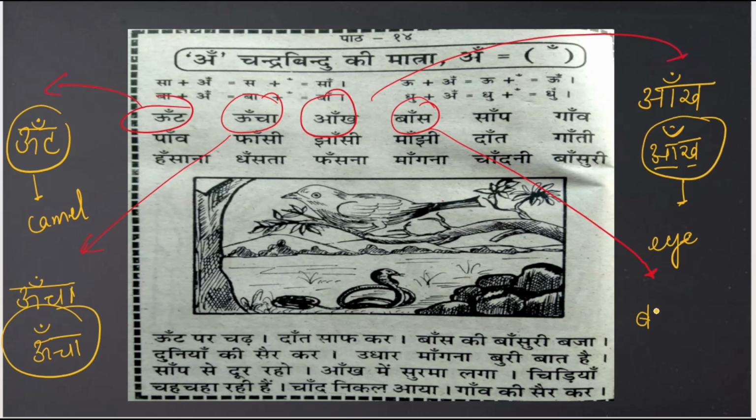This is again ba. This is the matra of a. Just add this matra of Chandrabindu over this letter. And just add this letter sa to this one. It became baans, which means bamboo.